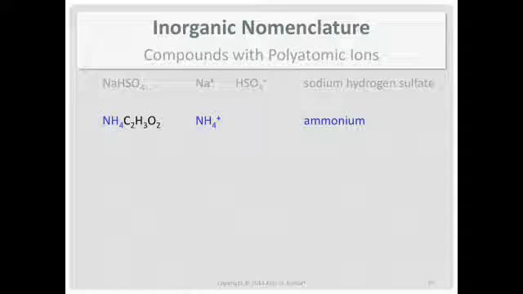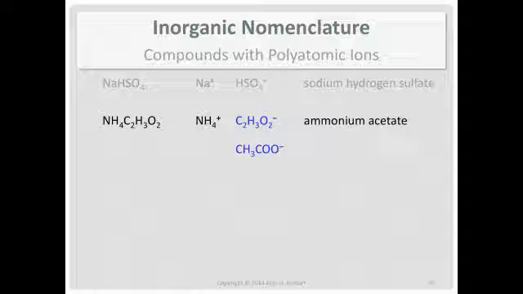And then the part that's left over, that's the acetate ion. So cation followed by anion, ammonium acetate. The acetate ion is commonly written not only this way, but it also is written this way. So you have 2 ways to write the acetate ion.